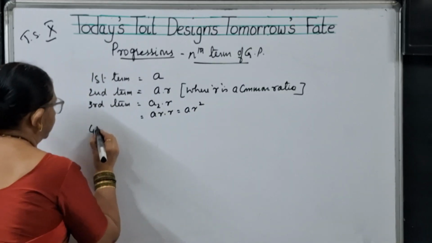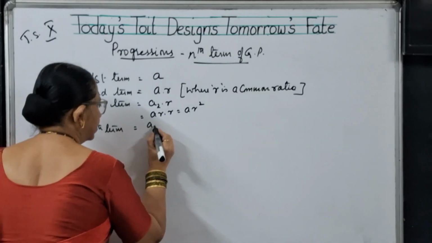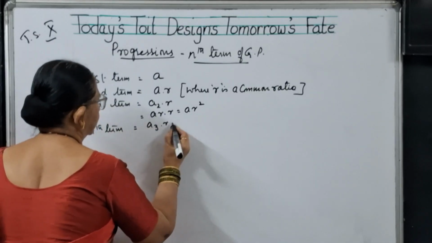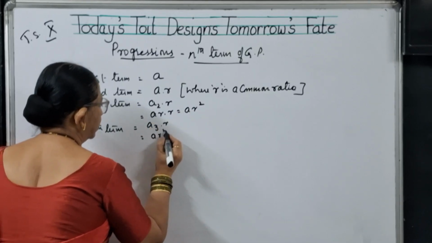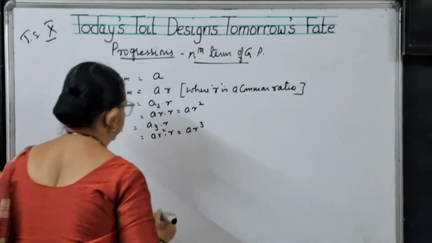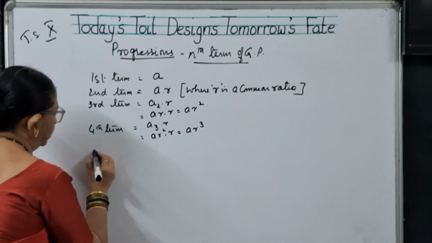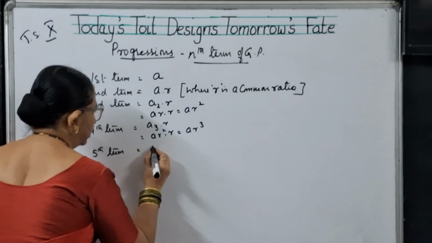Now the fourth term, how are you writing? Third term into R. The third term is AR square into R, that is AR cube. Now when you write the fifth term, how are you writing?